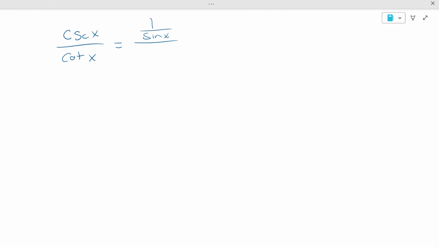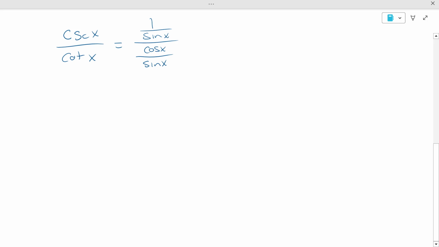What's cotangent equal to in terms of sines and cosines? Cosine of x over sine of x. What type of a fraction do I have? A complex fraction.